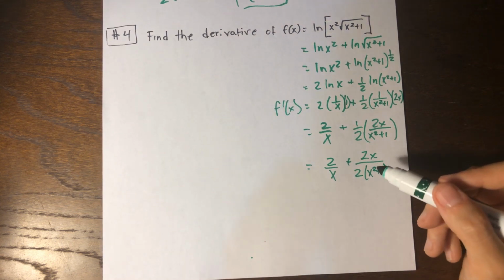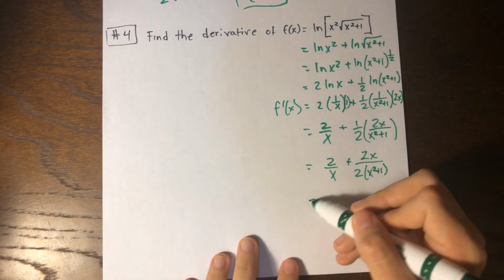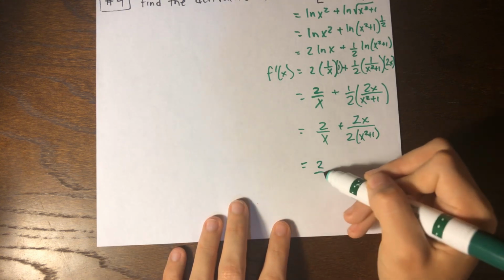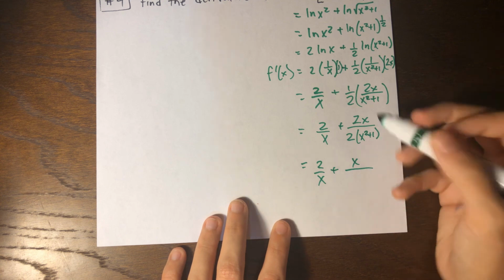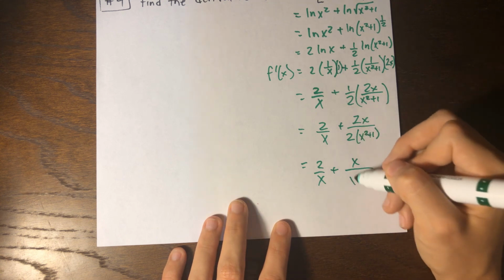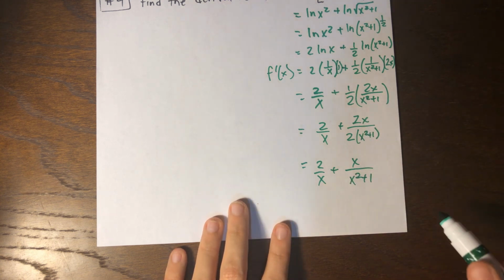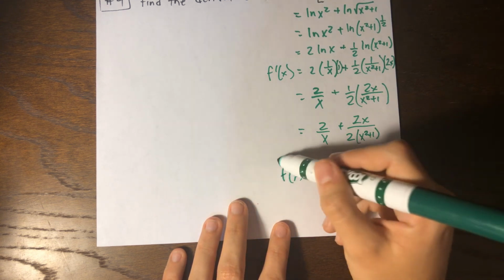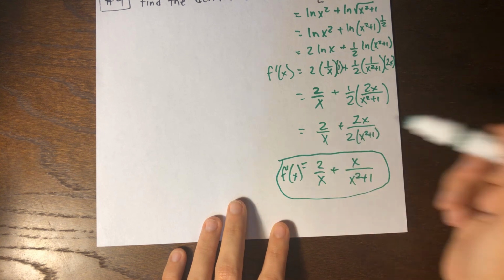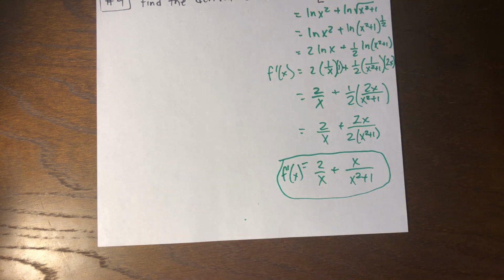The 2's can cancel out. So I'm left with 2 over x plus x over x squared plus 1. And we would be done here. So the derivative is equal to 2 over x plus x over x squared plus 1. Okay?